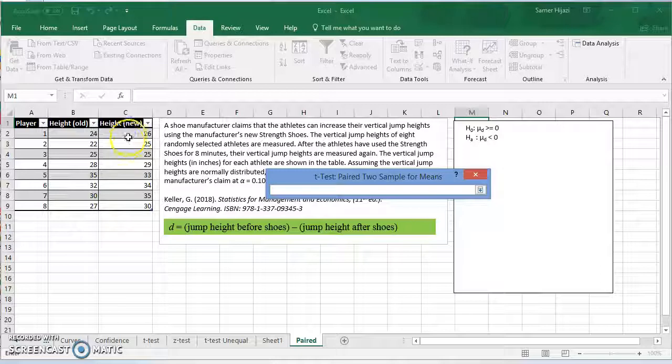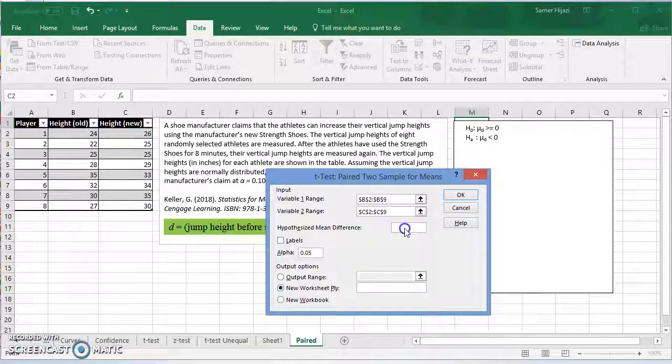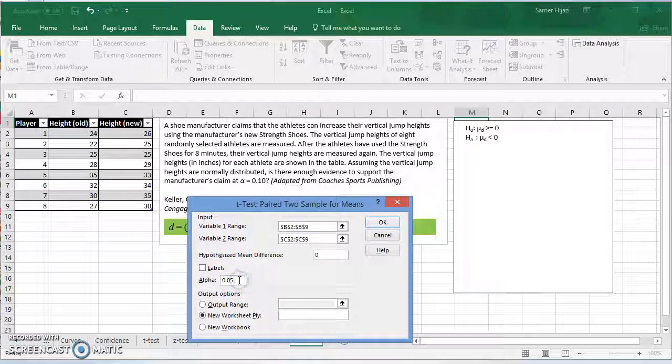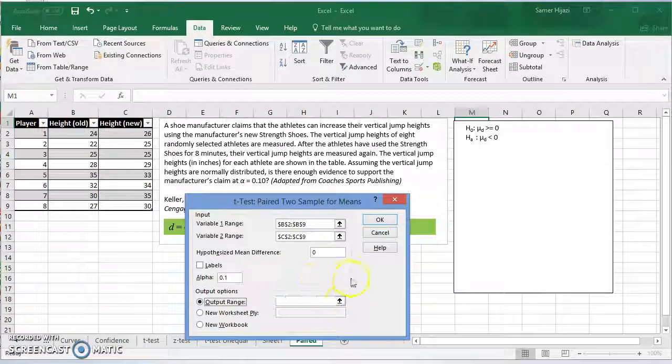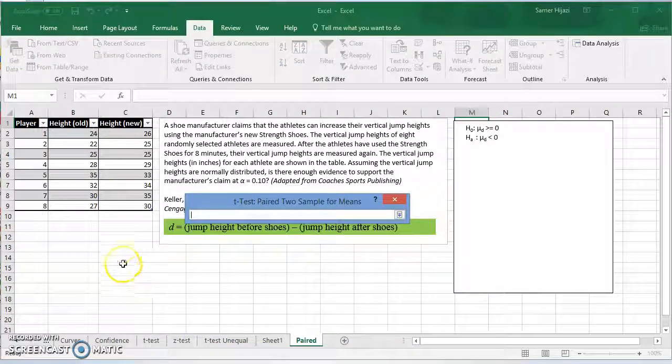We're going to select the second one. And the mean difference, as we see in the claim, it's 0. Alpha is 0.10, they want it at the 10% level of significance. And the output, let's place it over here.